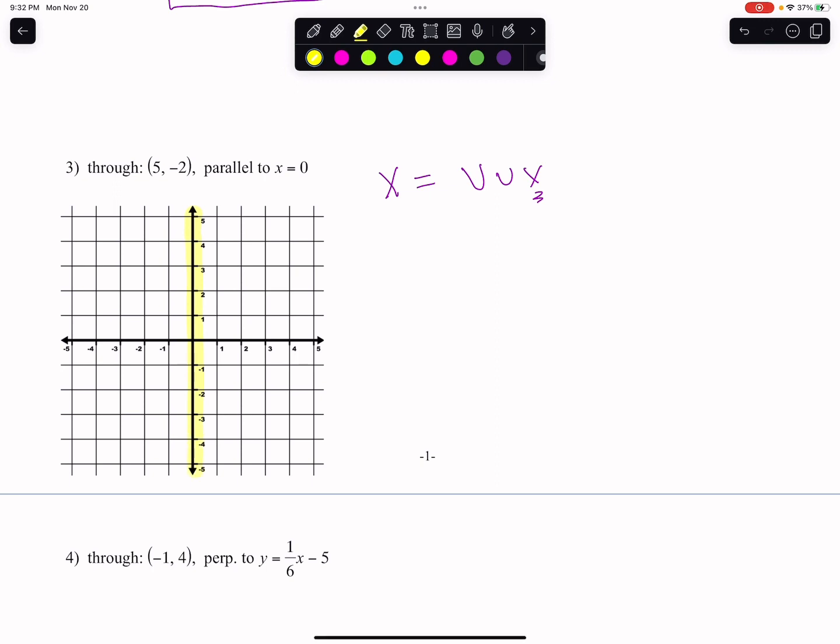Now I need to write an equation of a line that's parallel to that, but it goes through 5, negative 2. Which means that my graph would need to do this.